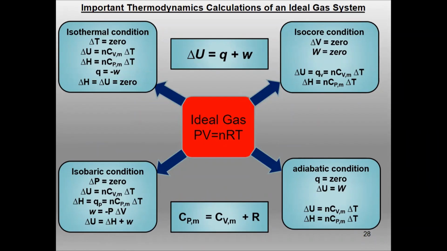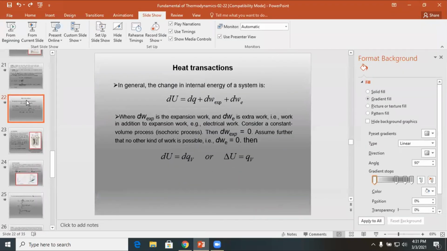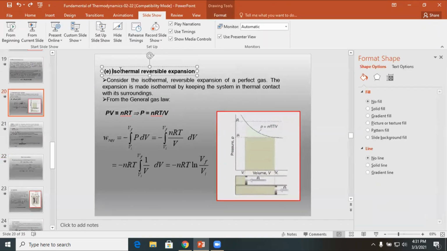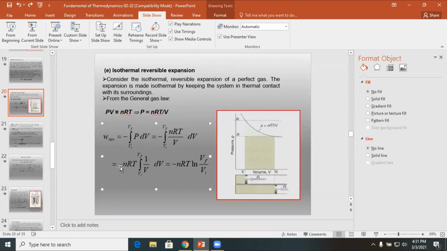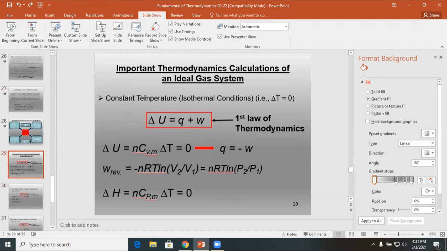What is the model for the work when you are working under isothermal condition? By abstracting the information from here, isothermal reversible expansion, I abstracted that model here for the work, as I said here, in this general idea.